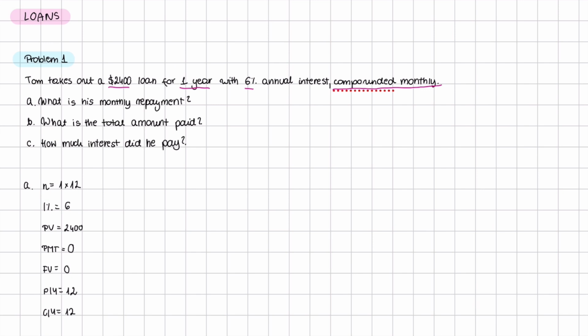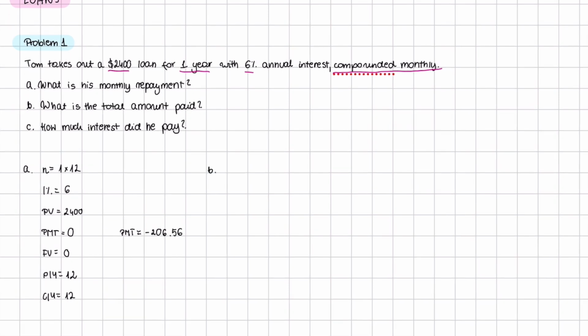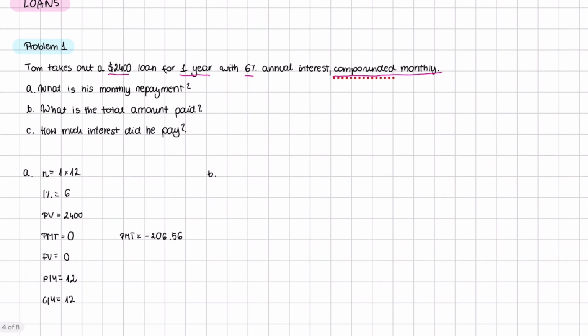And now we need to calculate PMT, and if you calculated it correctly, it equals to minus 206.56.